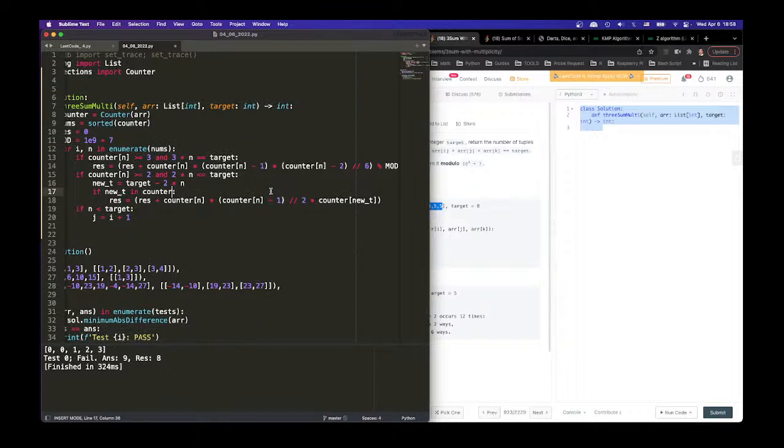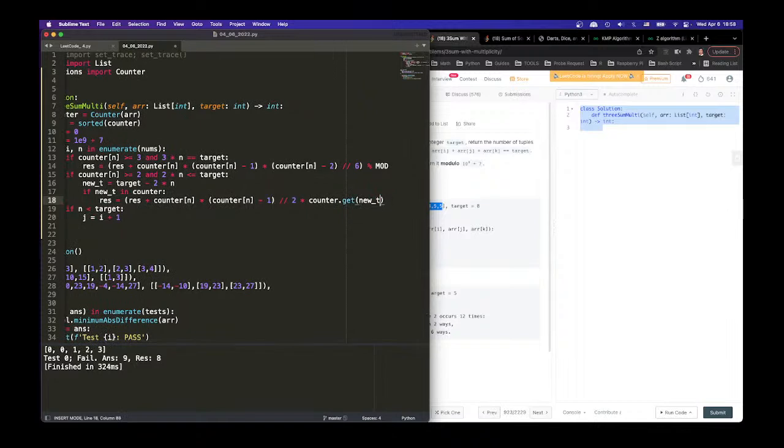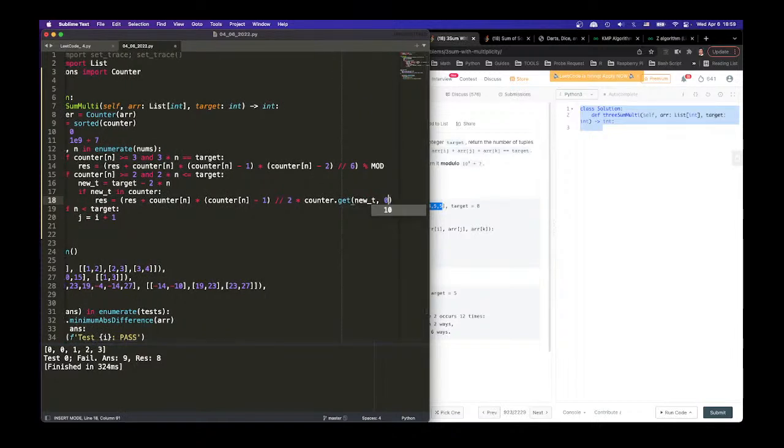And we can simplify it in this way, right? So we can just say counter n, then 2 times counter dot get this thing. If not, get a 0, and then it will just be the same.